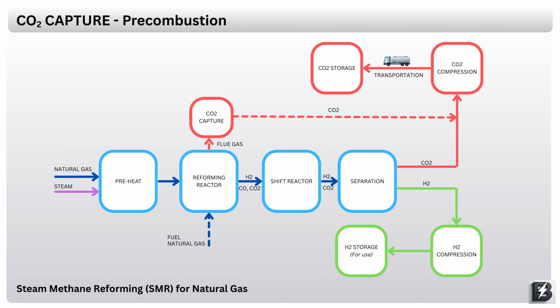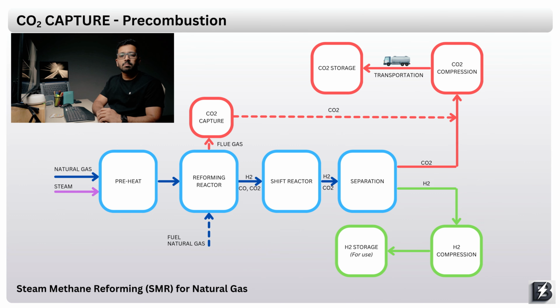The CO2 is separated using solvents and hydrogen is recovered as fuel. ATR systems are compact, efficient, and well suited for blue hydrogen production. The main drawbacks are they require high purity oxygen, which comes from an air separation unit, and that consumes a lot of energy.